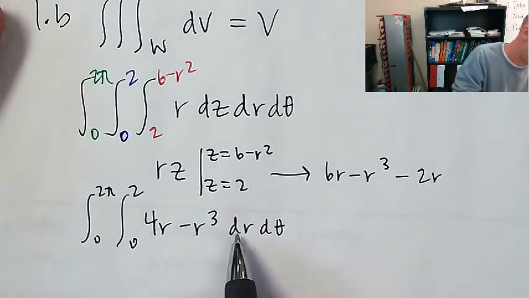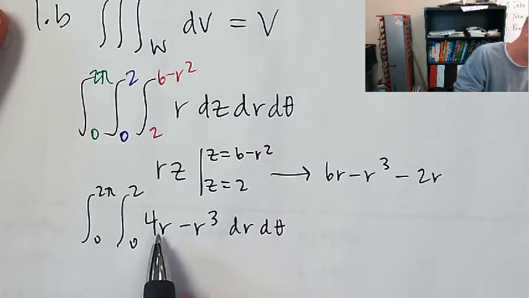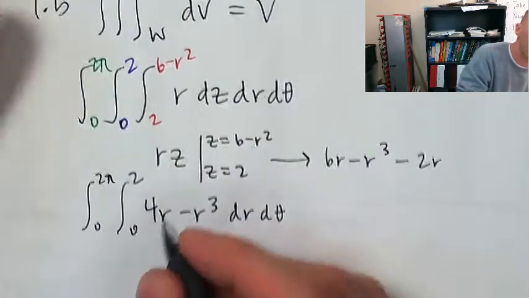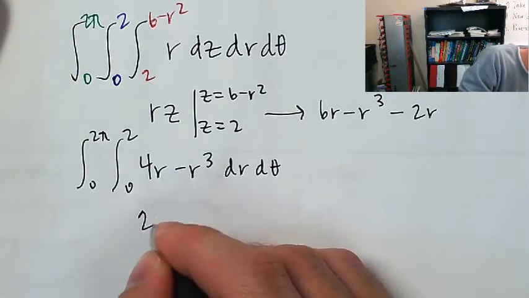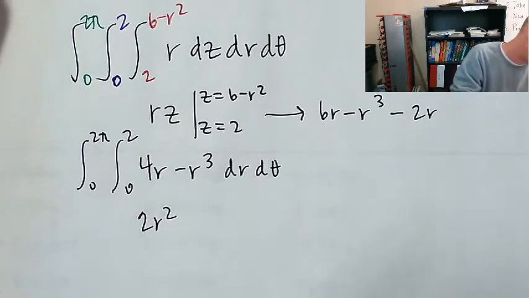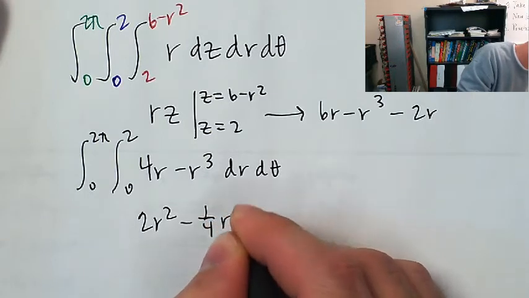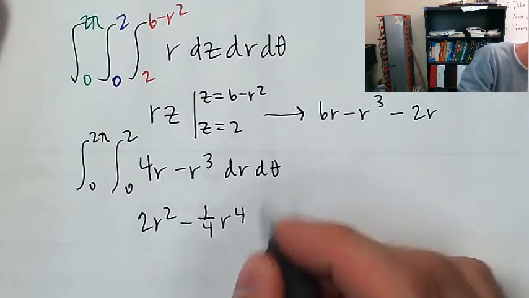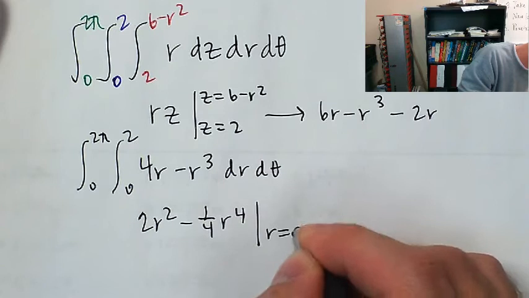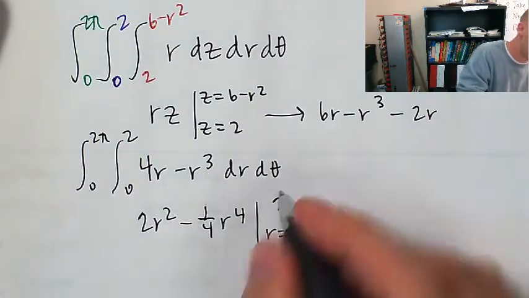Okay, yep. And now I'll be able to do this. An antiderivative for 4r with respect to r will be 2r squared. Antiderivative for negative r to the 3 with respect to r would be negative 1/4 r to the 4. R running from 0 up to 2.